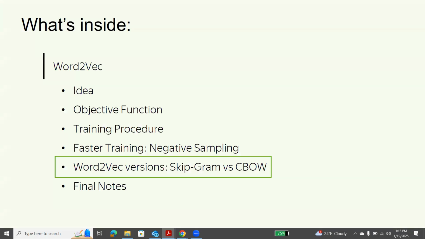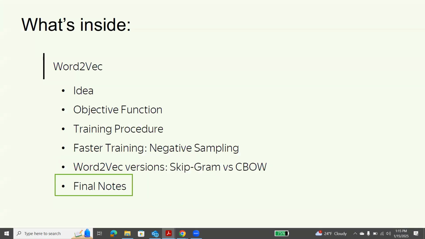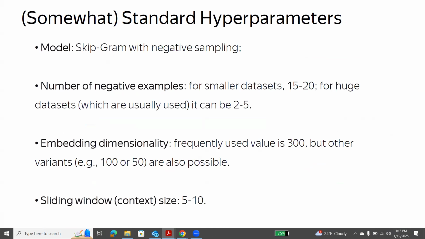And there are some other details: the number of words that we use in our softmax is typically 20. The size of embeddings is between 100 and 300.